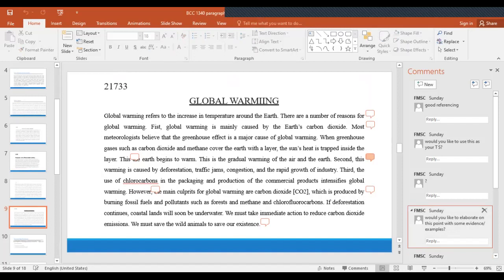Here again, I have said, so there's a list given here: deforestation, traffic jam, congestion, and so on, right? So would you like to elaborate on this point with some evidence and some examples, right? Instead of just mentioning a list, it would have been better if you had actually elaborated on these points and added a few examples and evidence.